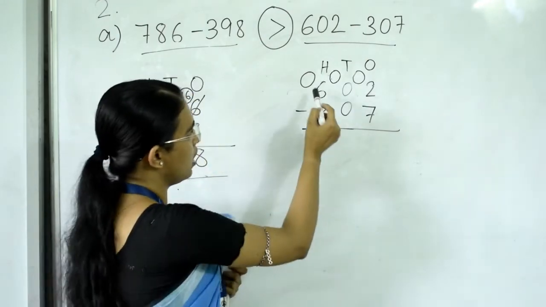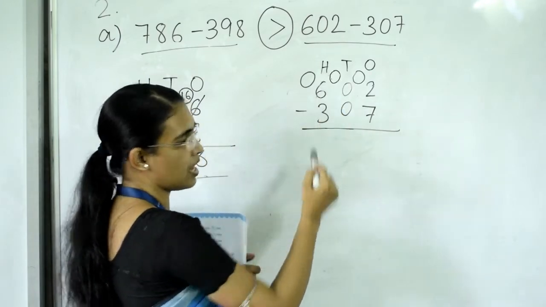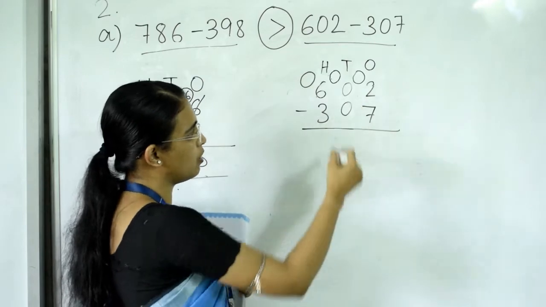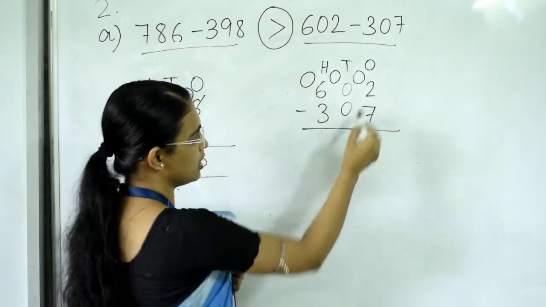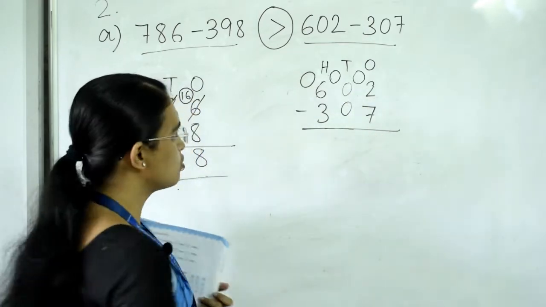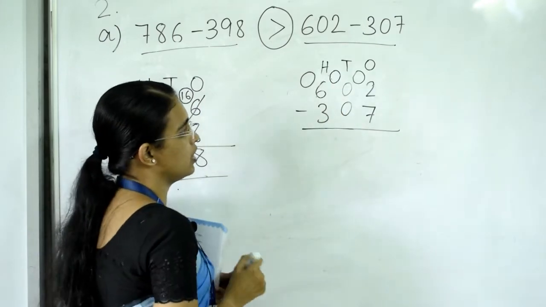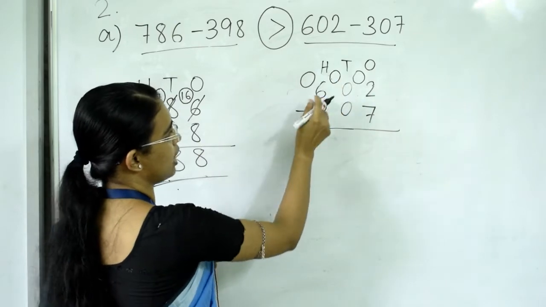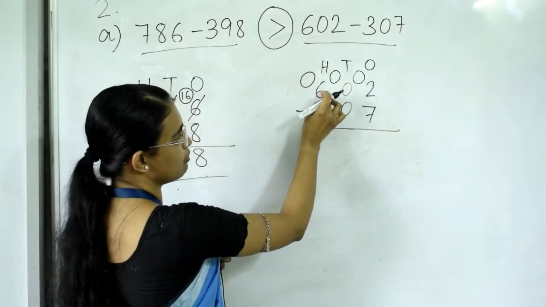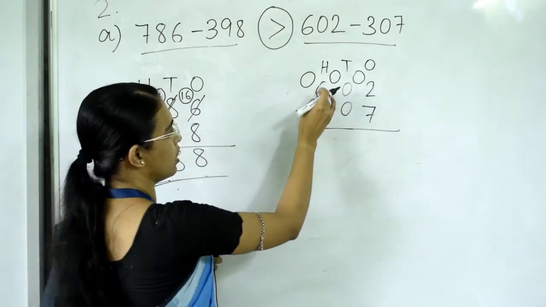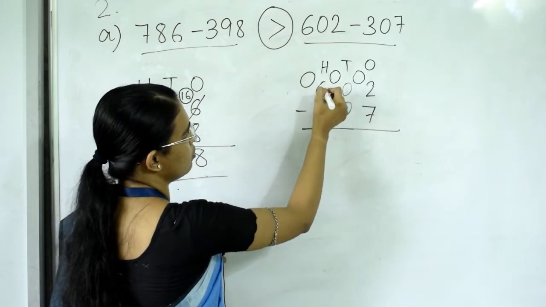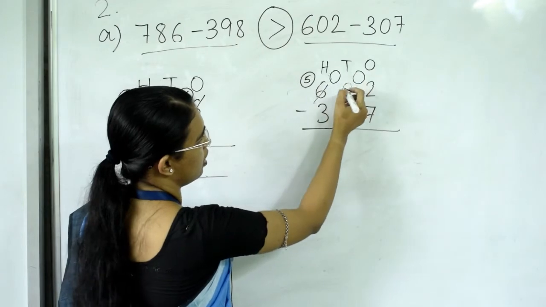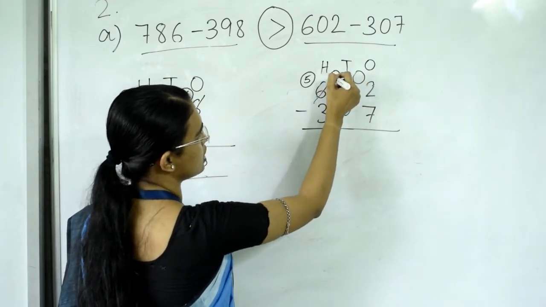In the tens place we have 0, so to make it 10 we have to borrow 1 from here. When you borrow 1 from here, 6 becomes 5, and 0 becomes 10.